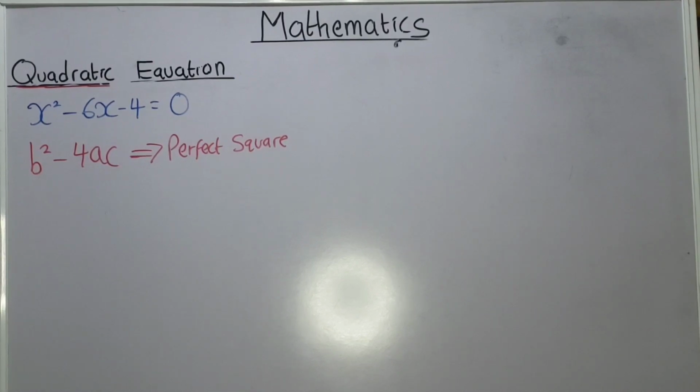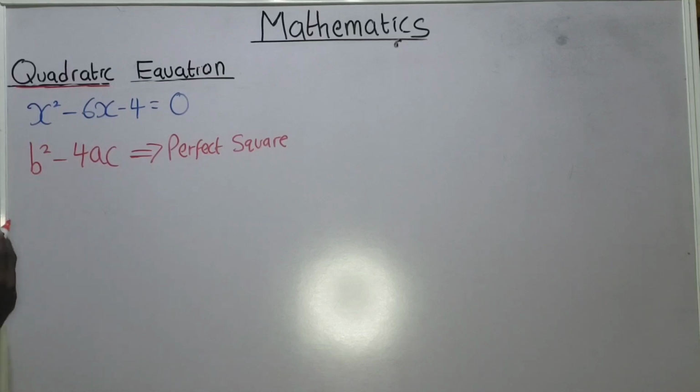If b squared minus 4ac is a perfect square, then the quadratic equation has a simple factor. But if it is not a perfect square, that means the quadratic equation does not have a simple factor. That is not factorizable.